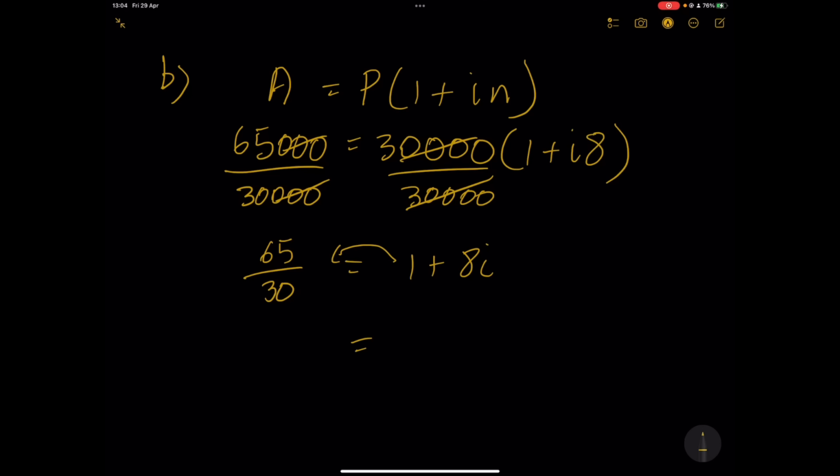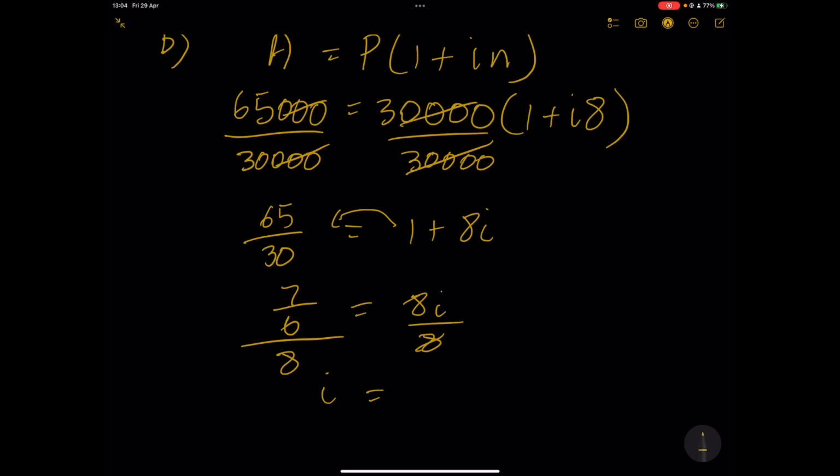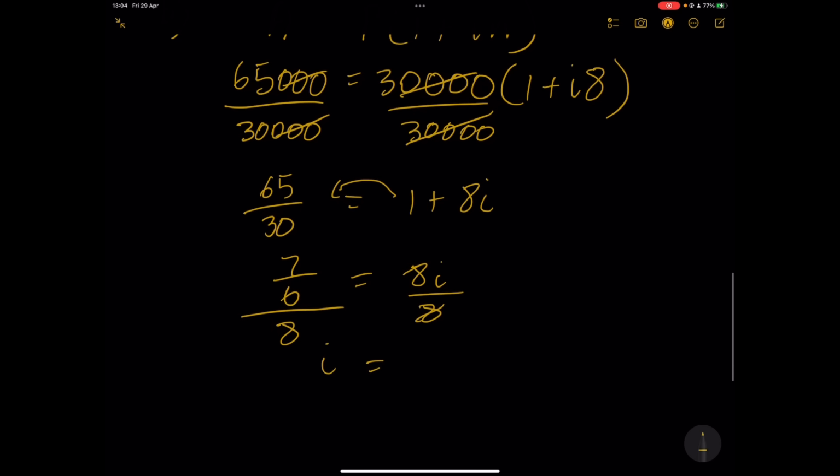So in this case, I get 7 over 6, and so 8i would be equal to 7 over 6, but then we divide both sides by 8 once again, so that cancels that to get the interest rate. So I'll divide that by 8 again, and I get a value of 0.1458.